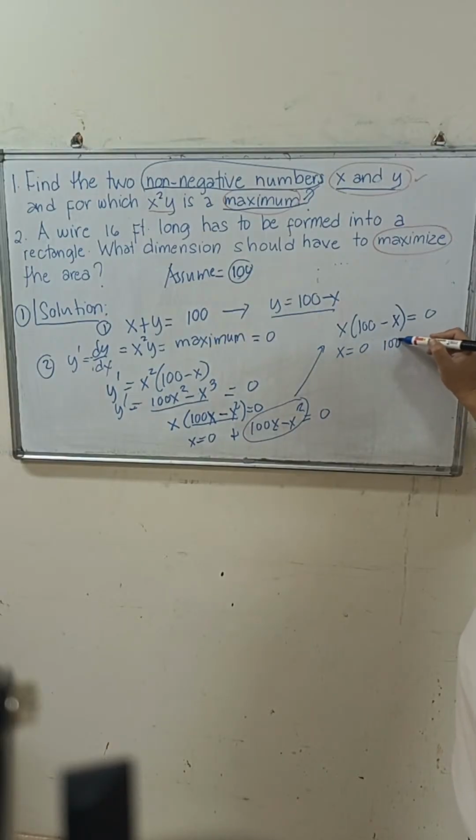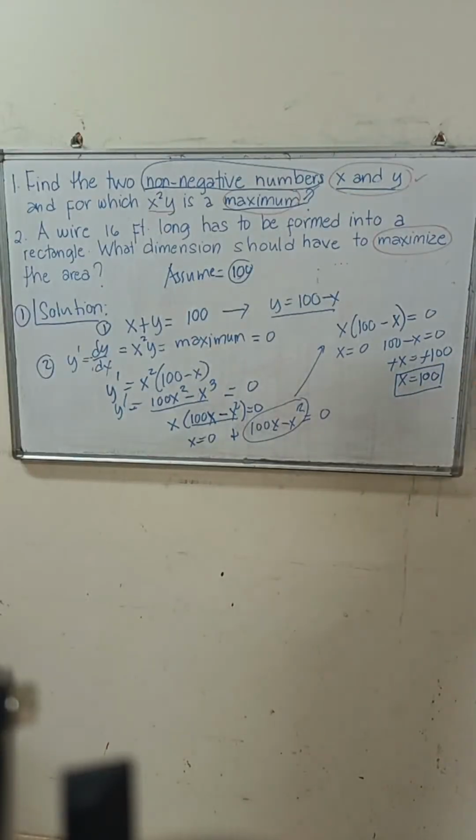Then 100 minus x equals 0, therefore minus x equals negative 100. Cancel the negative sign, x equals 100. So x is equal to 100 and also x is equal to 0.